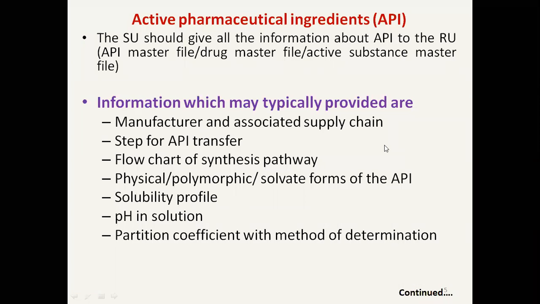If synthesis is to be carried out for that particular API, then the flow chart will contain the process outline, including entry points for the raw material, when we add the raw material, some critical steps in manufacturing, then the process controls and intermediates. Then, where relevant, the definitive physical form of the API. What will be the physical form? Then some polymorphic or solvate forms are also there, so that must be defined.